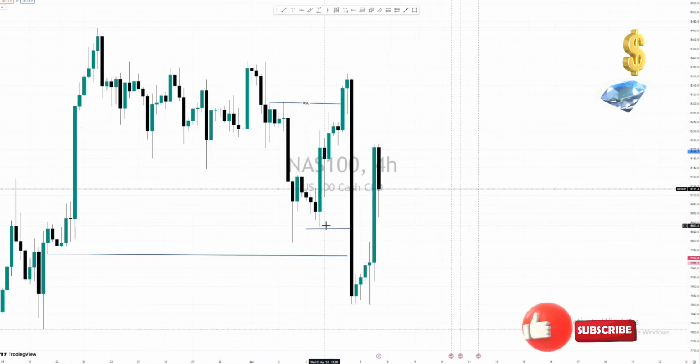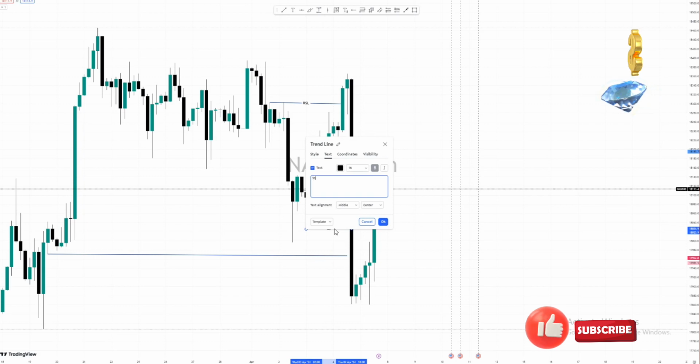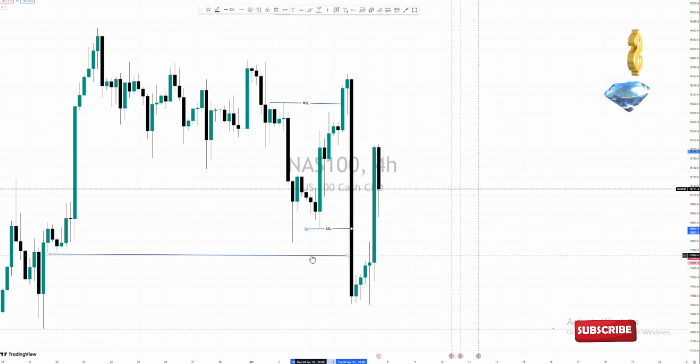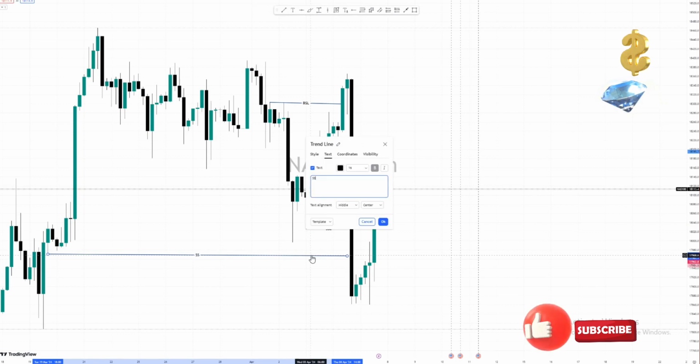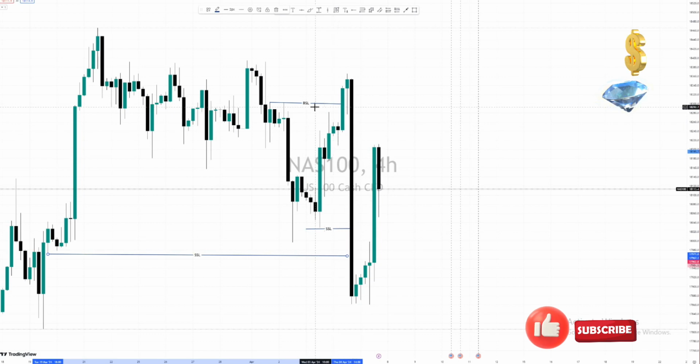These are sell side liquidity, because they are liquidity that is taken by sellers. So if you want to take this trade, this is your first take profit and this is your second take profit. I hope that is clear enough.